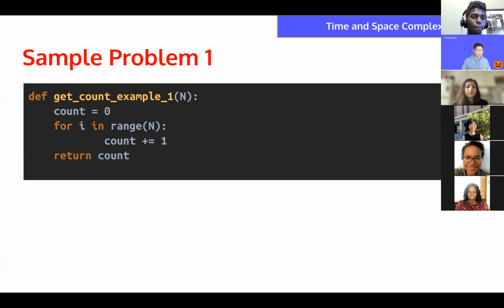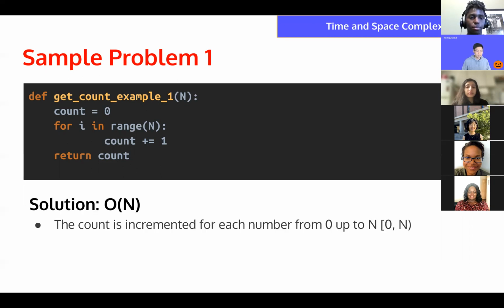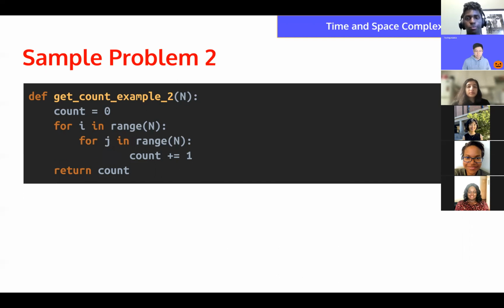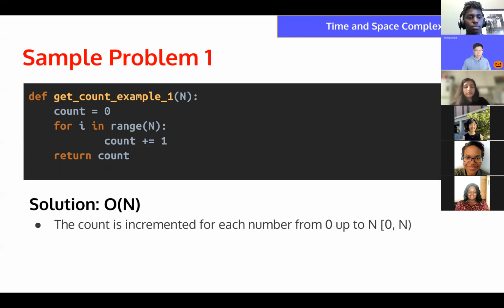And that is correct. That is the right answer, because the count is getting incremented for each number from 0 up to n, right? And this counting operation is also done in constant time, and we're doing that n times. So the runtime of that is O of n.